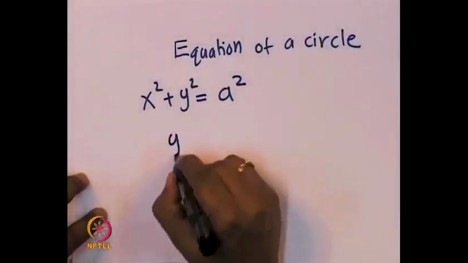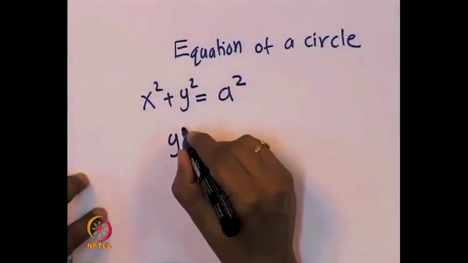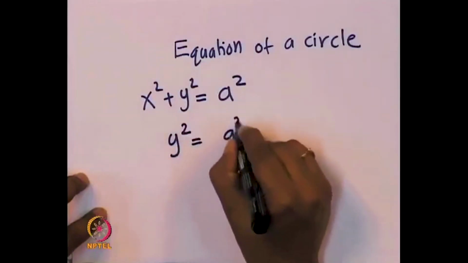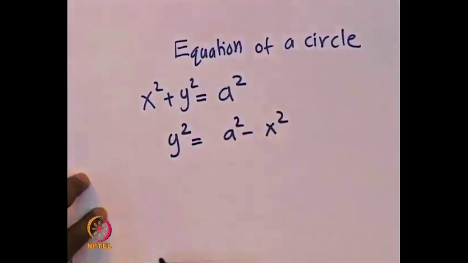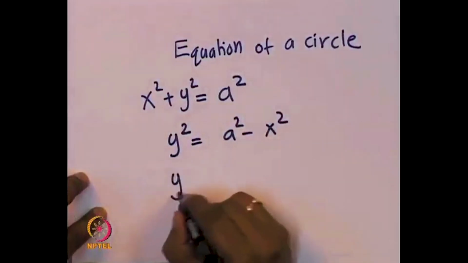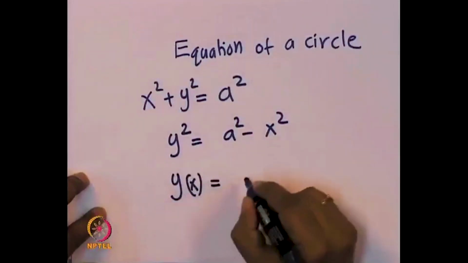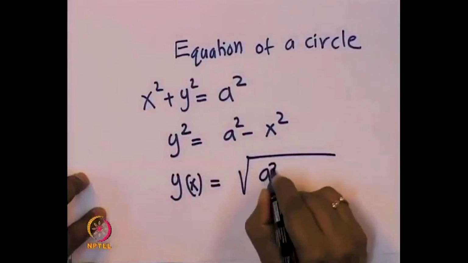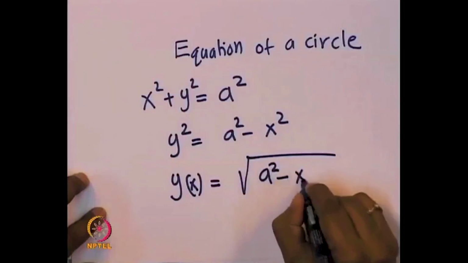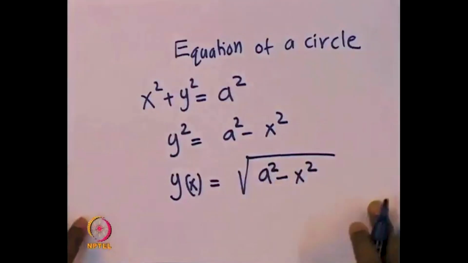In other words, y square is a square minus x square, so y of x is root of a square minus x square. So, this is my y of x.